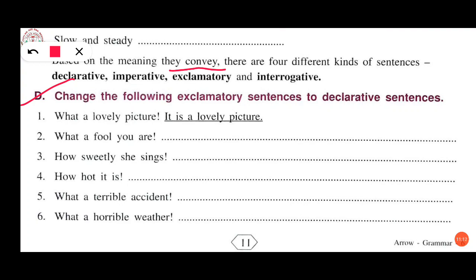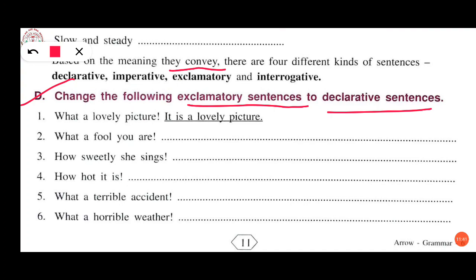So here you can see first one is already done for you, what a lovely picture, and exclamation mark is given, and you have to change this exclamatory sentence into declarative sentence, means exclamation mark into full stop. So what a lovely picture is converted into declarative sentence, that is, it is a lovely picture.